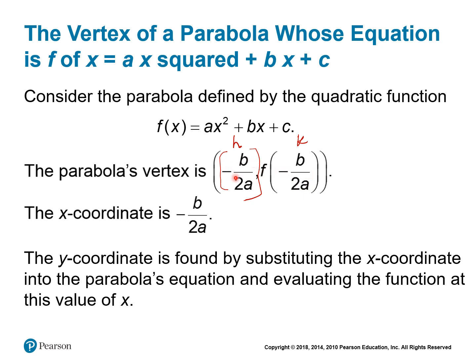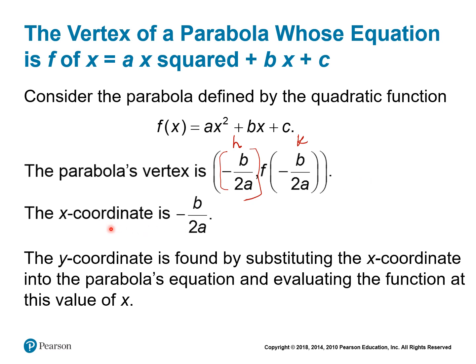So first we have to find the h coordinate. First we do the calculation of minus b over 2a, and then we take that value, plug it into the function, evaluate it, and that would be our k coordinate.